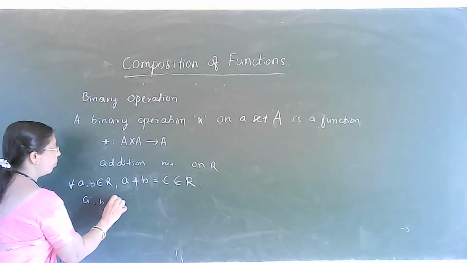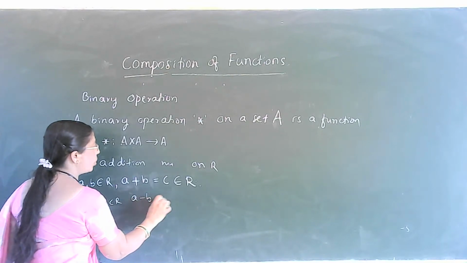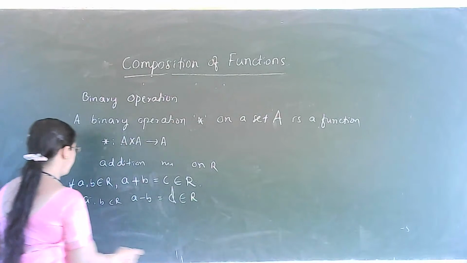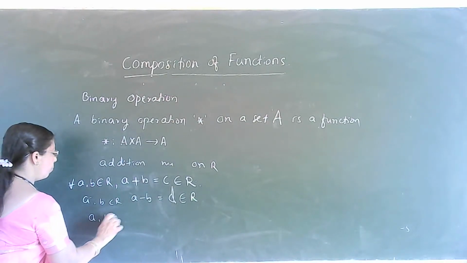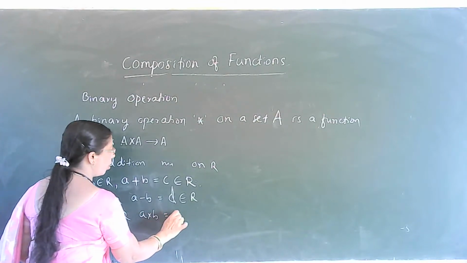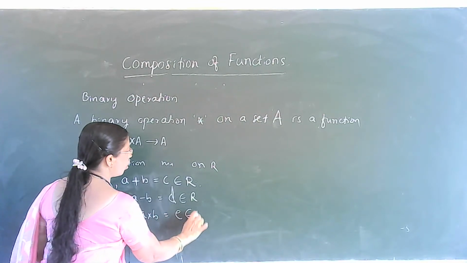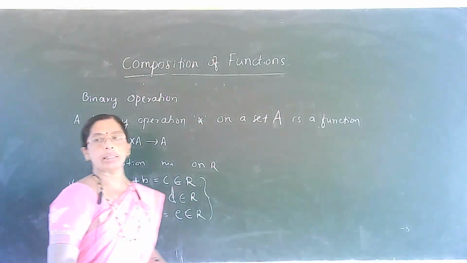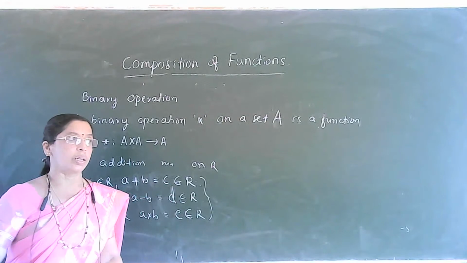A minus B equals another element, which belongs to R. A into B is also an element belonging to R. Then only we call it a binary operation.